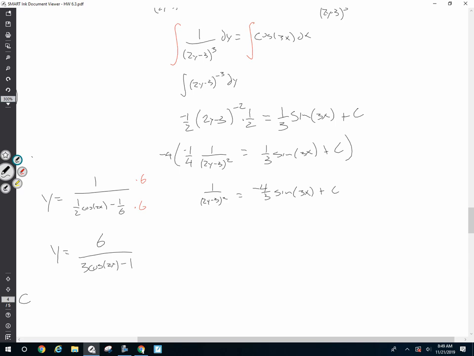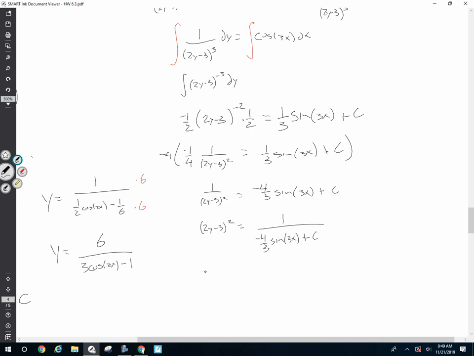What to do here? If you take the reciprocal of both sides, you don't have to use a negative power. So watch. I could write this literally as (2y minus 3) squared equals 1 over this entire right side. And this is fine. I'm not using a negative power because I am taking the reciprocal of both sides.